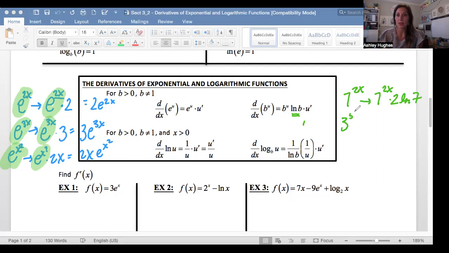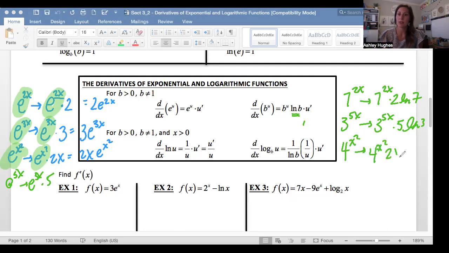Or if I had 3 to the 5x, just like e to the 5x would be e to the 5x times 5, this is 3 to the 5x times 5, the derivative of the exponent, but then times the natural log of the base. What if I had 4 to the x squared? It would be 4 to the x squared times 2x times the natural log of 4. So that's what this formula is saying.